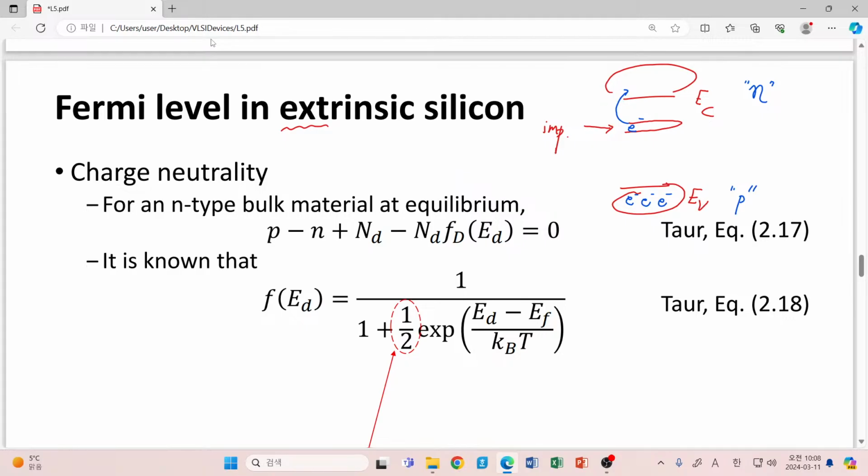However, since electrons are moved from here to there, so if we consider their grand sum between electrons in the conduction band, and electrons in this impurity level, and also holes in this valence band, then they should be balanced.